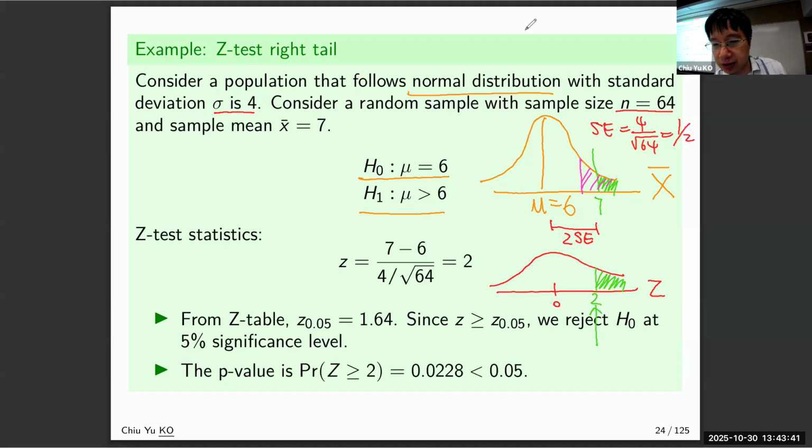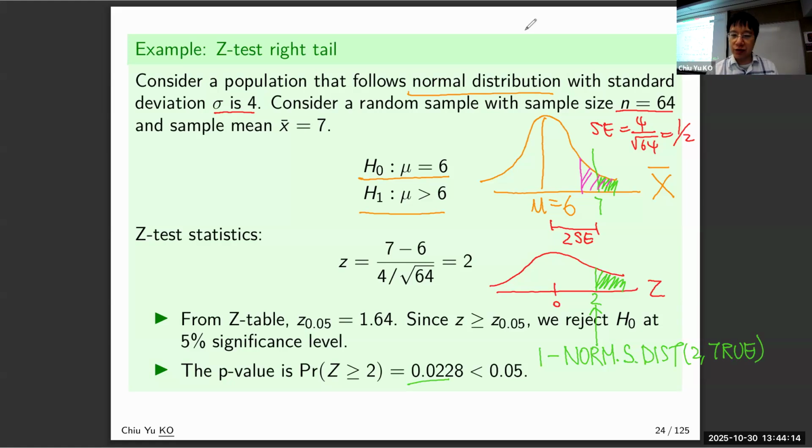So right hand side, 1 minus norm.s.dist of 2. 1 minus because this gives you the left hand side, and this will give you 2%. That means that it's far away enough, and you can actually check.